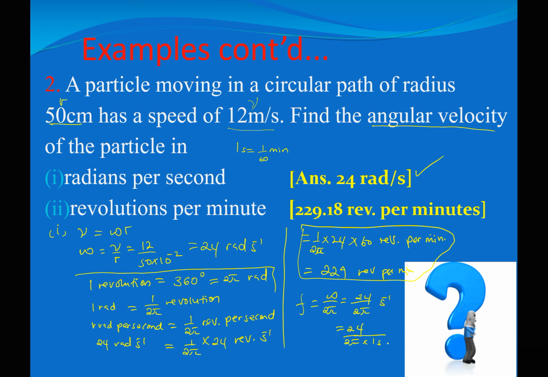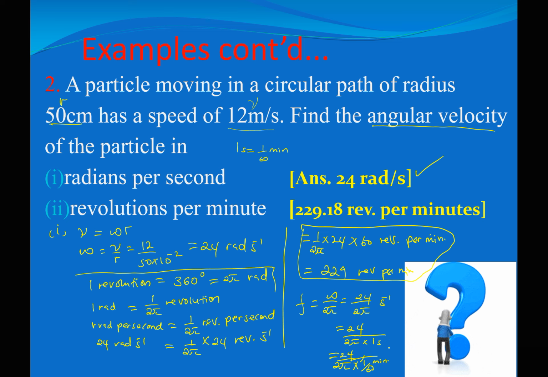So I remove 1 second and put 1 over 60 to change it to per minute. So this is going to be 24 divided by 2 pi times 1 over 60 minutes, because 1 second is 1 over 60 minutes.